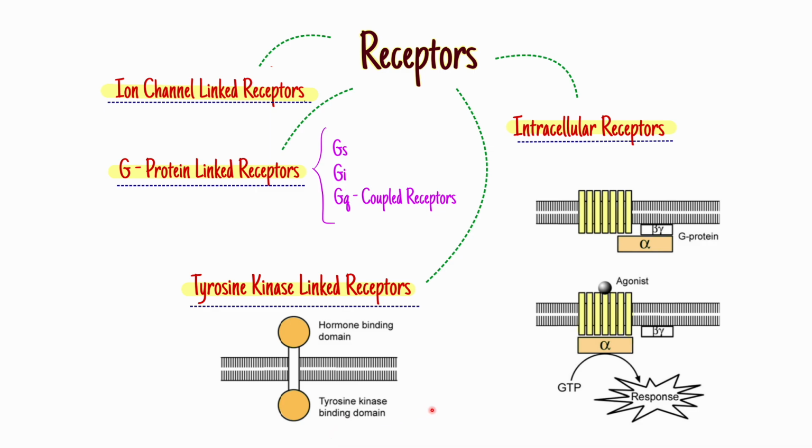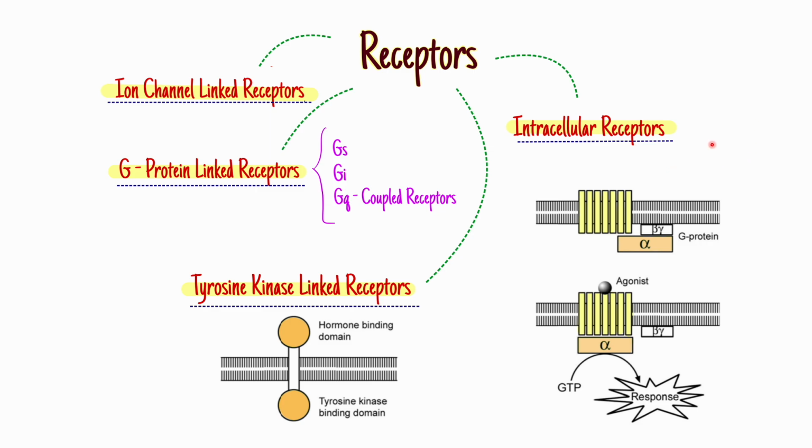The fourth type, and the most interesting type, is intracellular receptors. These receptors are also known as nuclear receptors because their work is different. Here, the molecule should enter inside the cell to reach the receptor.